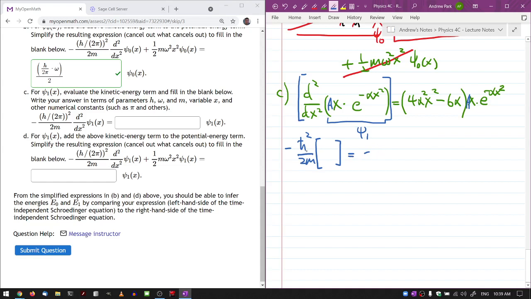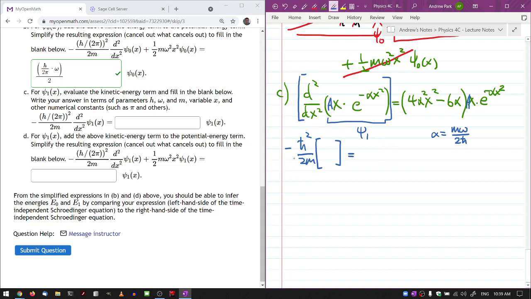I think there's a way to write down h bar fewer times. Alpha, from memory, is m omega over 2 h bar. So I can actually write this as minus 1 over 2m. Actually, let me just distribute the whole thing. I think that's going to look a lot simpler.